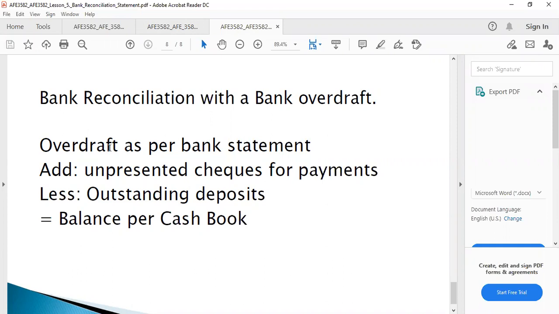When you have money in your bank account, meaning it's a favorable bank balance, you have balance as per bank statement, you add outstanding deposits, right? But because it's an overdraft, you add unpresented checks, and then you subtract all your outstanding deposits. Then you get your balance as per cash book. You understand? Yes, I do.